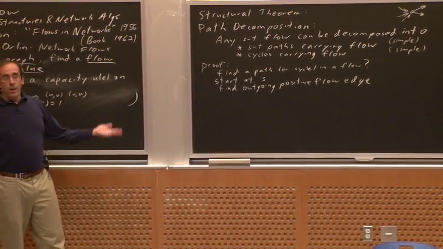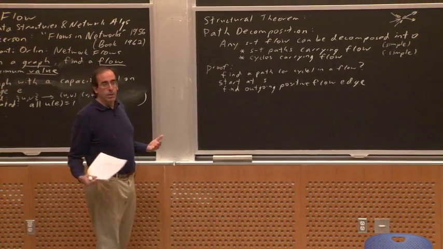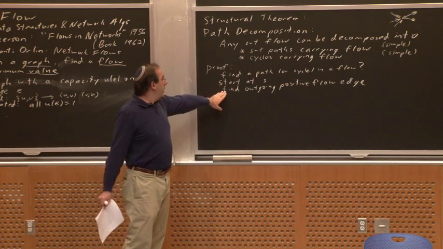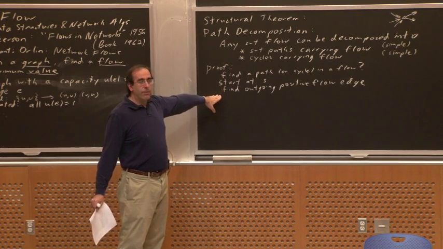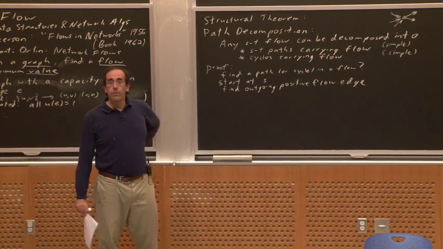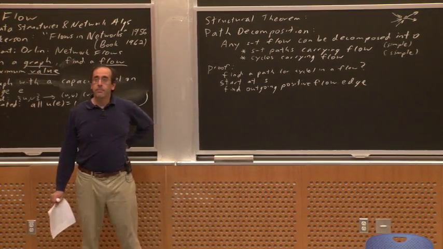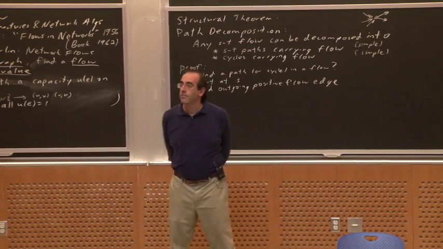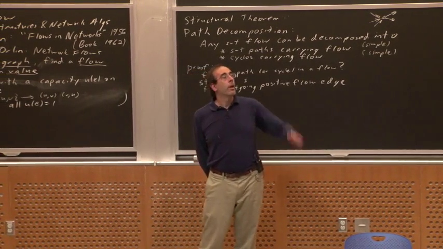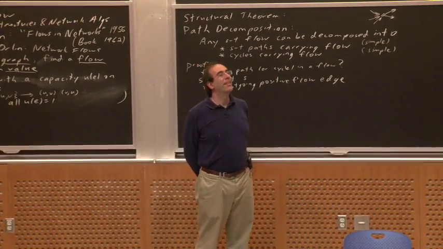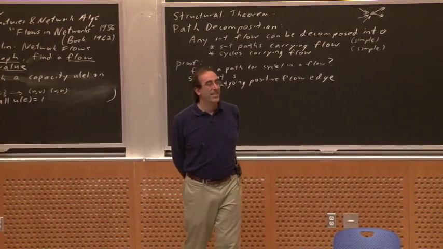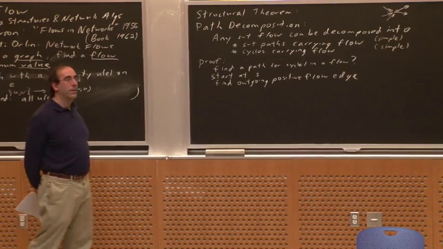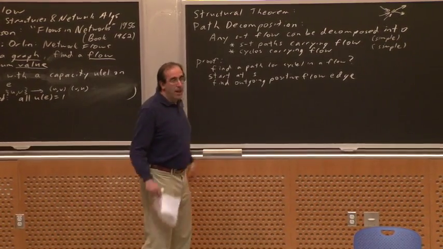So, if we have a positive flow, why can we find an outgoing positive flow edge? Yes, Parker. So that the value is the sum of the outgoing flows from the source, and if it's positive, then at least one of them has to be positive. Great. This is just sort of a law of averages thing, right?